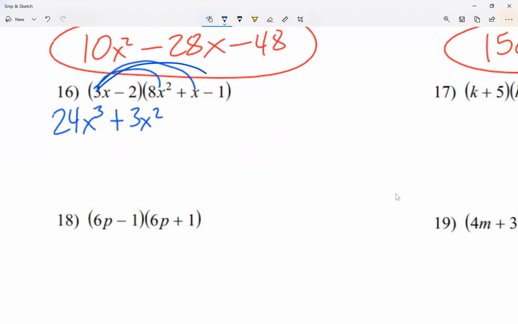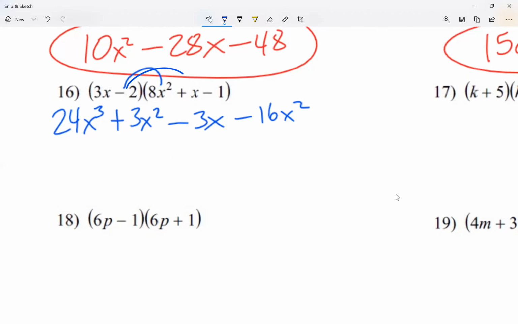And then 3x times a negative 1 is going to give me negative 3x. Okay, so I distributed the 3x. Now let me distribute this negative 2. Negative 2 times 8x squared is going to give me negative 16x squared. Negative 2 times x is negative 2x. And then negative 2 times a negative 1 is positive 2.